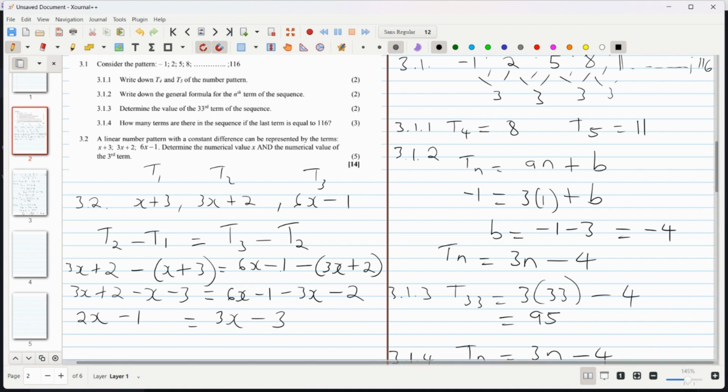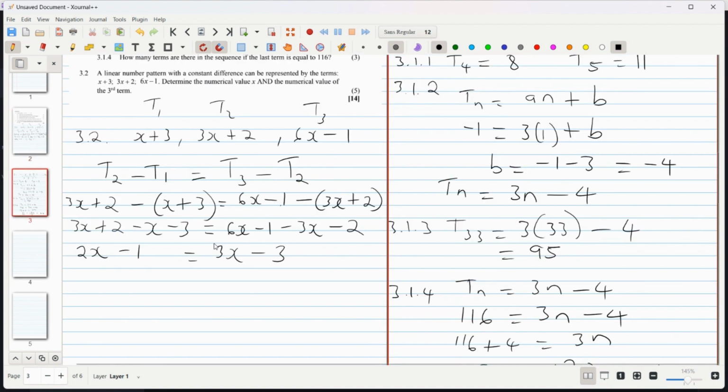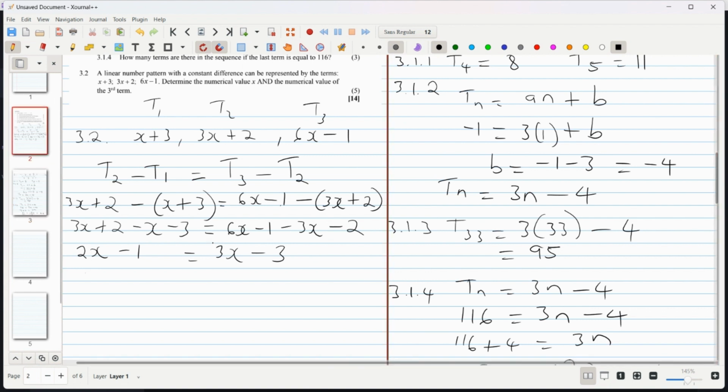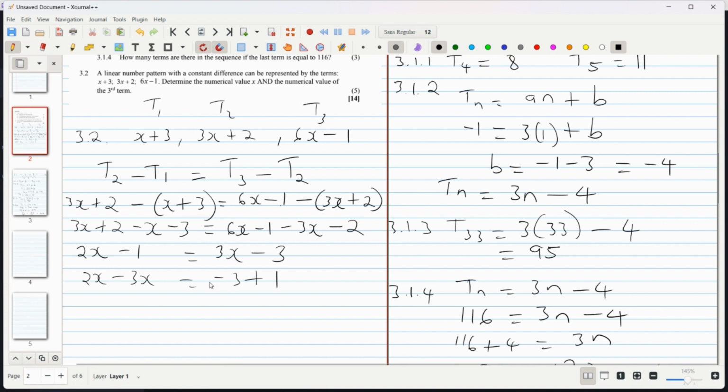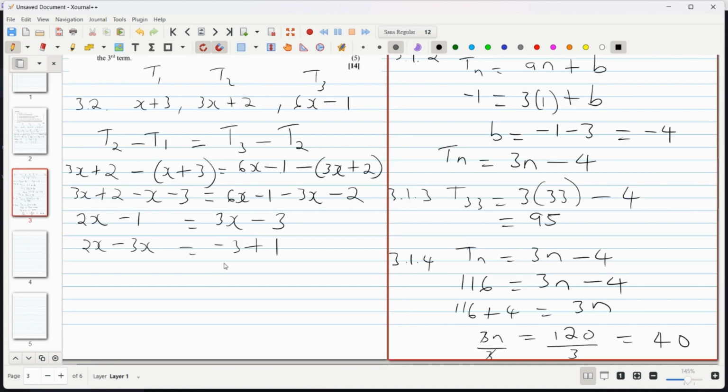Here you group the like terms again: 2x here and 3x here, so 2x minus 3x, and then negative 3 plus 1.